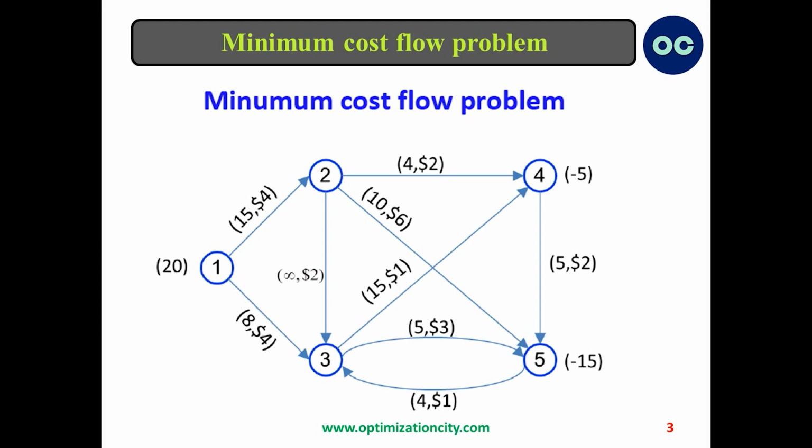Let's look at a simple example of the minimum cost flow problem using a diagram here. The nodes are shown as numbered circles, and the arcs are represented by arrows. The arcs have a specific direction, meaning goods can be transported from one node to another in that direction.